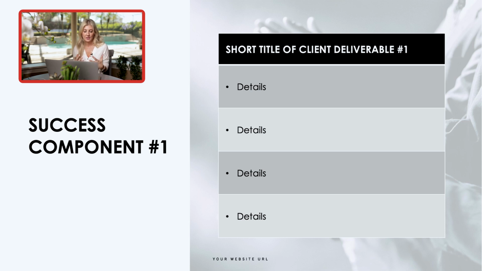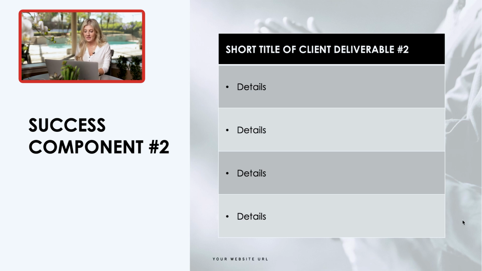So success component number 1 might be that discovery phase where you're actually going in and doing things like a walkabout in their office, a desk audit or a strategic asset review of what they're already doing. Maybe you're doing a survey or a focus group to try to see what's working and what's not working. That would be an example of your first success component.